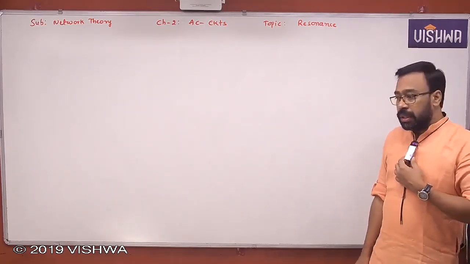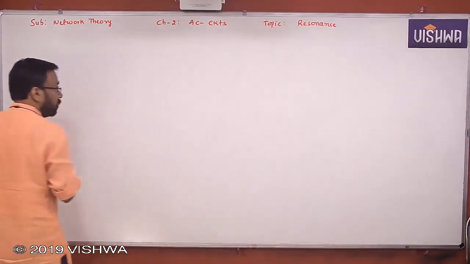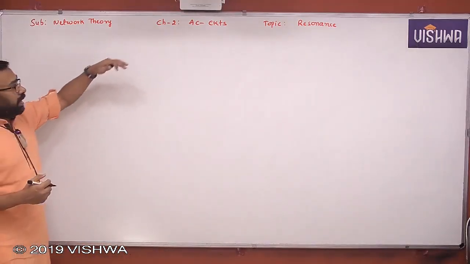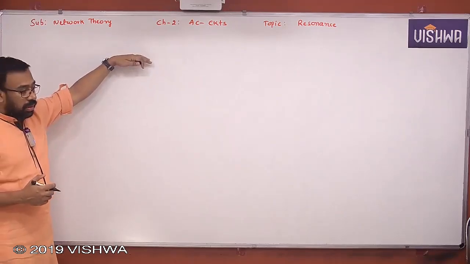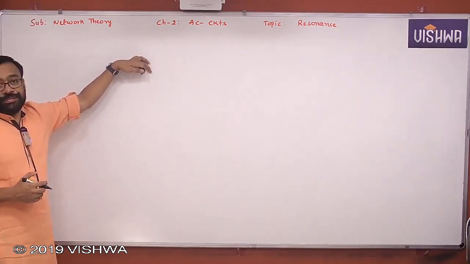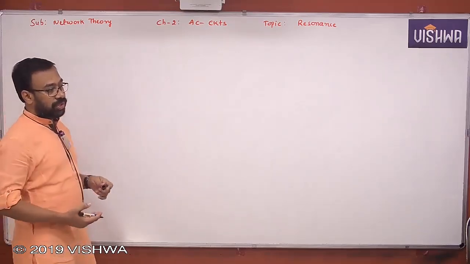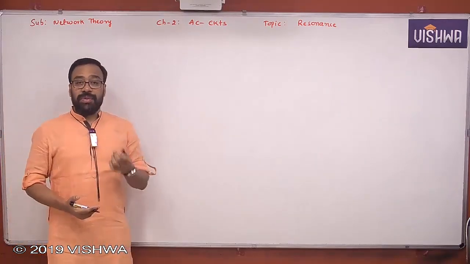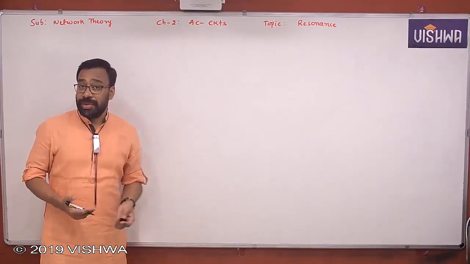So, what is resonance and where is it really useful? Resonance is particularly important in communication systems. A signal transmitted by the transmission station and received by the receiver is based on the resonance phenomenon.